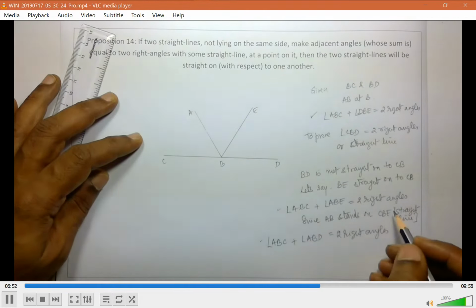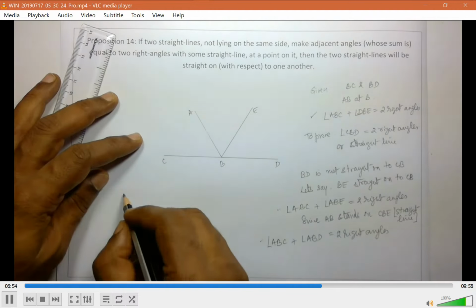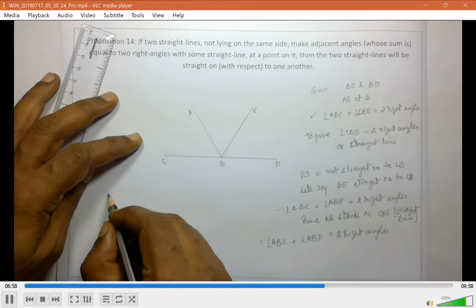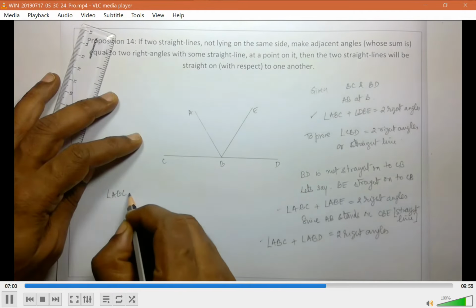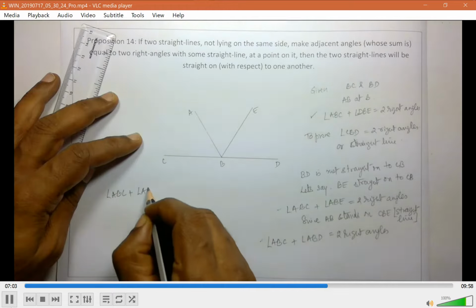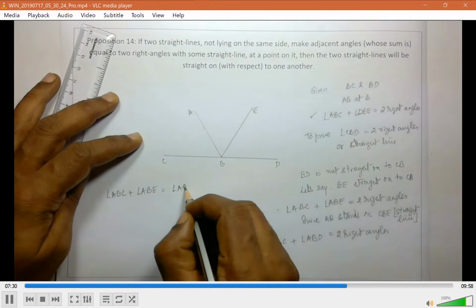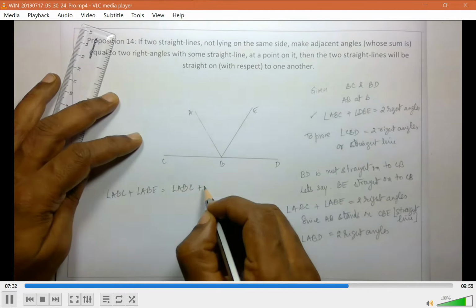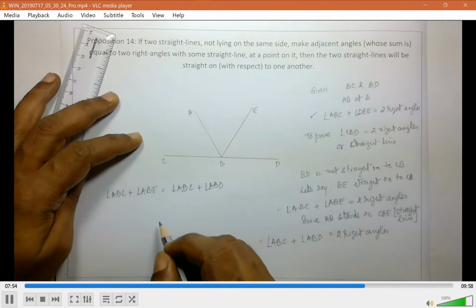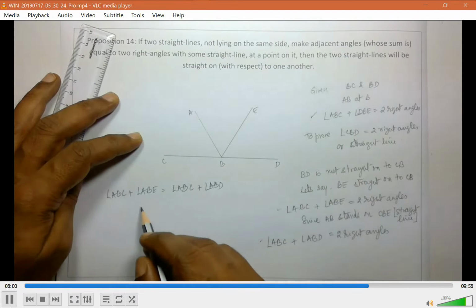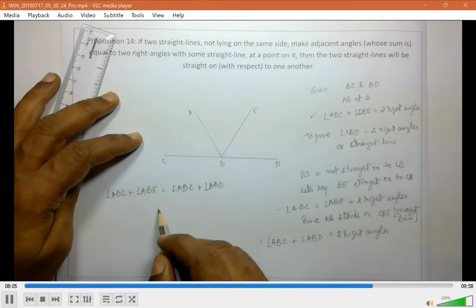So if two things are equal to the same thing, then they are equal to each other. So which means angle ABC plus angle ABE is equal to angle ABC plus angle ABD. Using one of the axioms, if there are two things which are equal to each other, if you remove the same quantity from both the sides, then they remain equal.